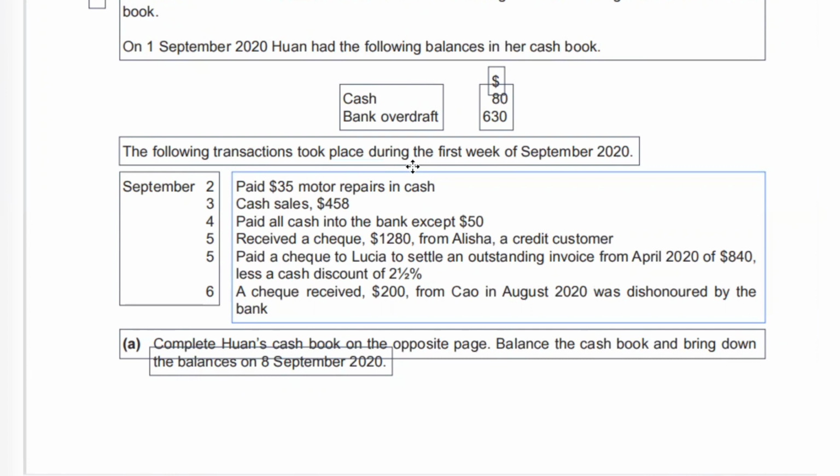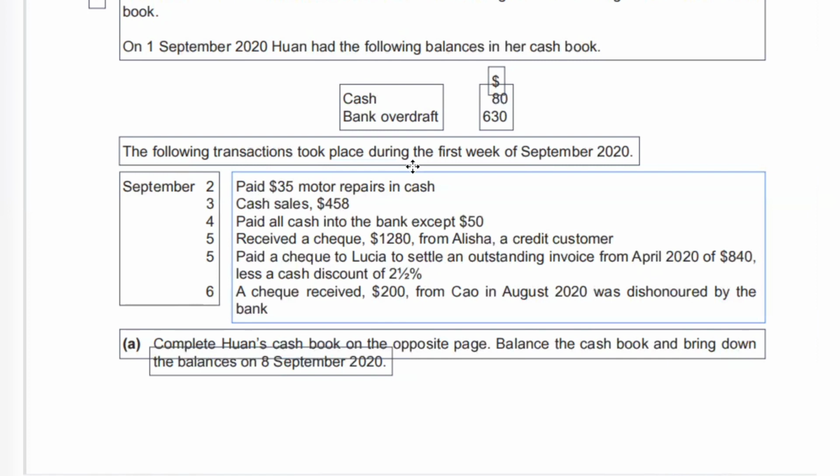That means 21 is the discount received, and we have only paid 819 out of the 840. So on the credit side, under the discount received column, we'll write 21, and under the bank column, we'll write 819.